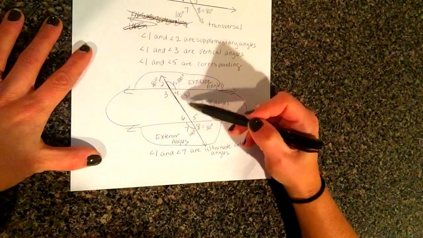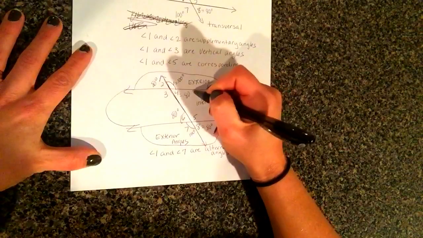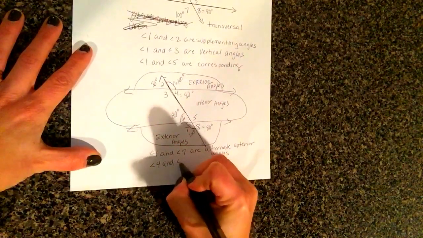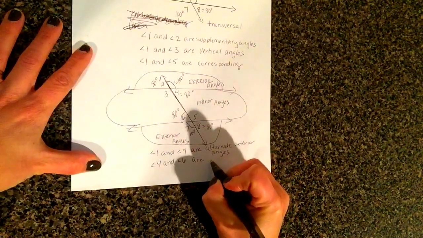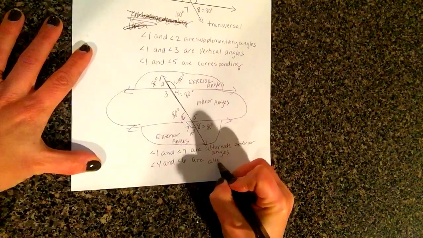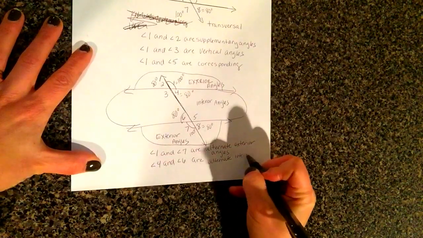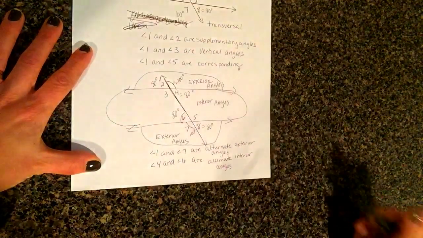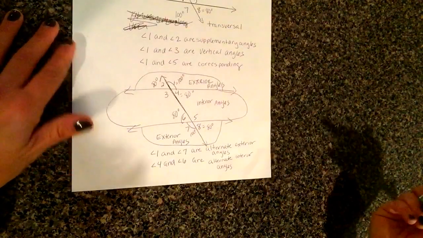So angle 4 and angle 6 are called alternate interior angles. And that's how you justify their relationship.